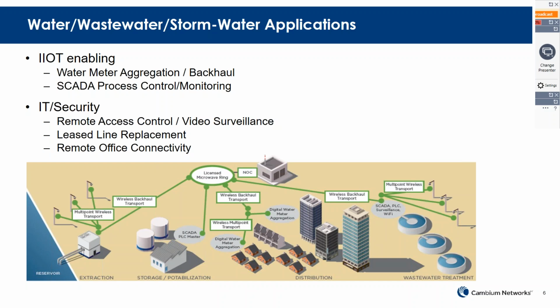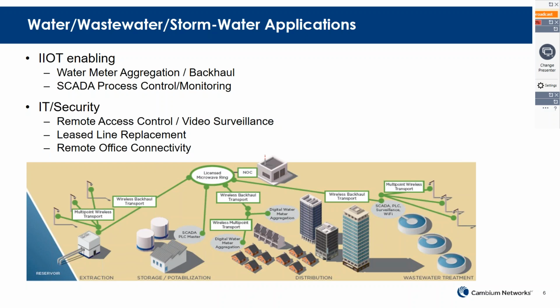If you look at the picture below, here we gave you a very good example. On the right-hand side, you have several video surveillance cameras. The video can be backhauled by our point-to-multipoint product, like the PMP450. Also, you will have some SCADA PLC, and that can be done using Wi-Fi.